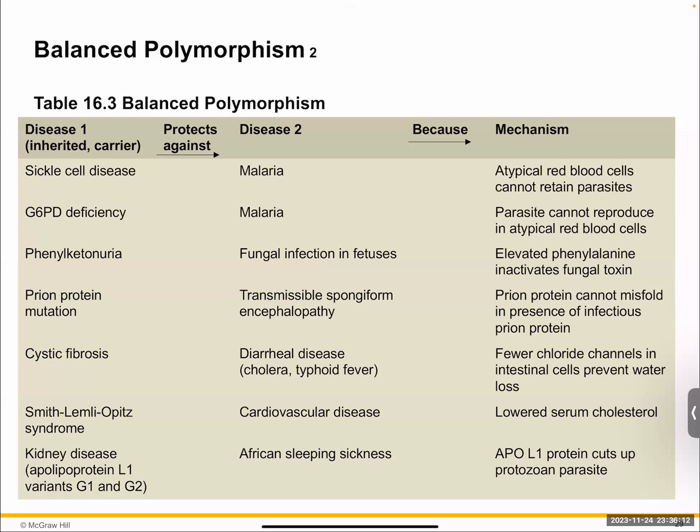So G6PD is a mutation in the globin protein that again prevents you from developing malaria. Sickle cell does the same thing, limiting the ability of the parasite to either release the toxin in the first place, or even if they are in your blood, they are unable to infect your red blood cells.